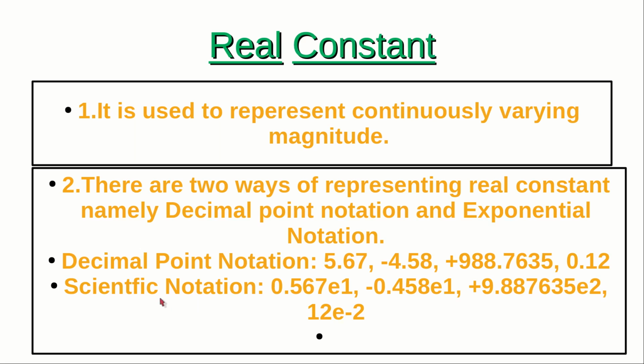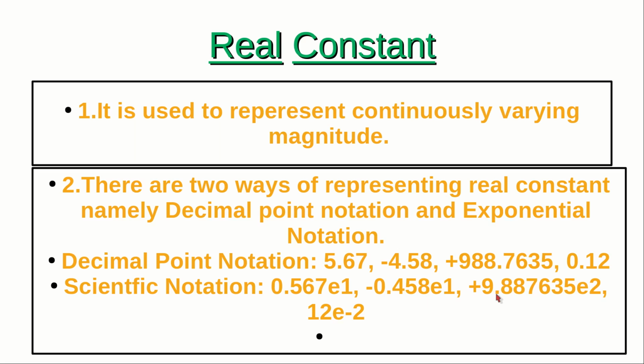And here in scientific notation, 0.567E1 is a scientific notation for 5.67. Actually here E represents 10 and 1 represents exponent. So when you multiply this 0.567 by 10 to the power 1, it becomes 5.67. Similarly, when you multiply this -0.458 by 10 to the power 1, it represents -4.58.